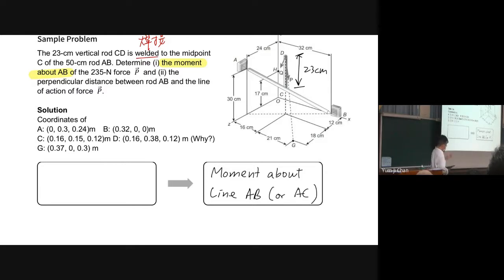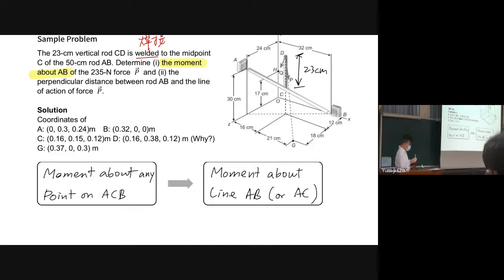And before we get this, we first determine the moment about any point on ACB, because the line AB is here.